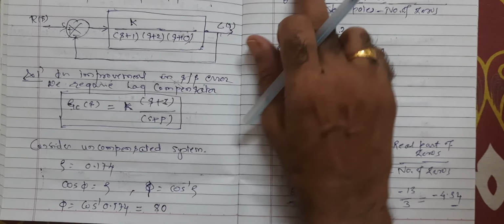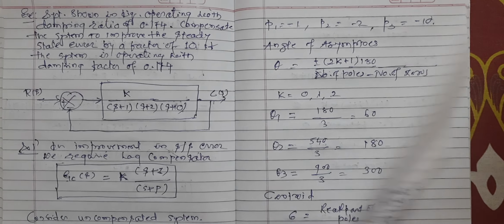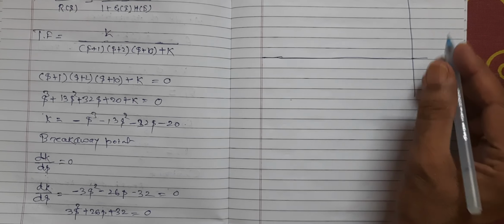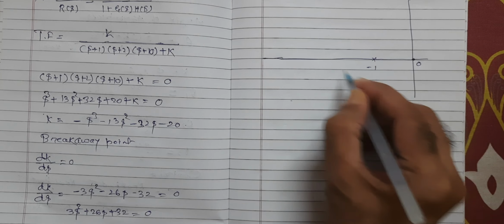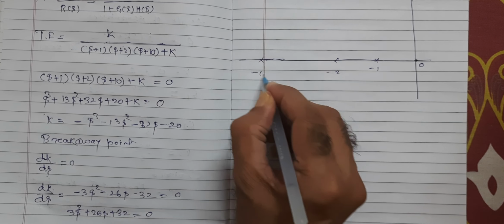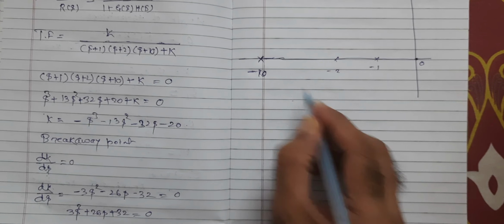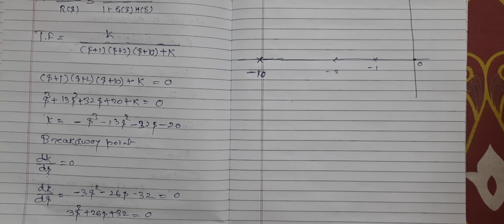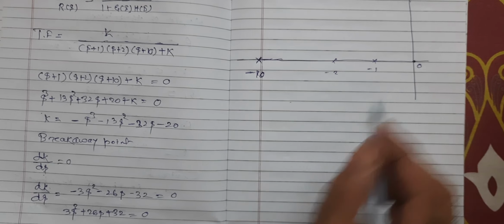Now see here, we know the poles, that is -1, -2 and -10. First we will write them down here. This is origin 0, this is -1, this is -2, and let's say this is -10. So we have the three poles. Now we have to find out the region of the root locus.